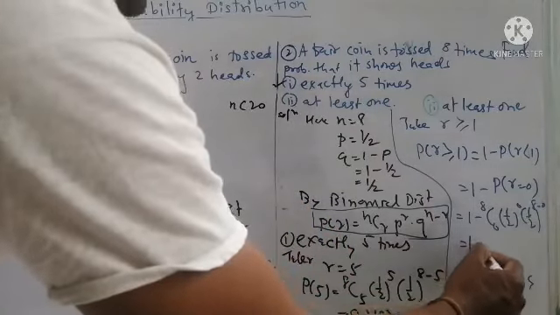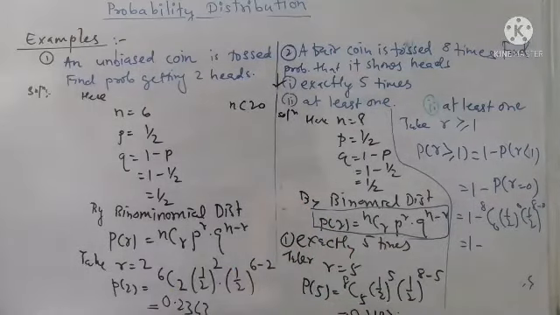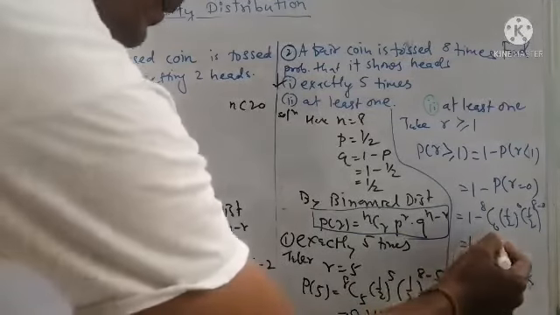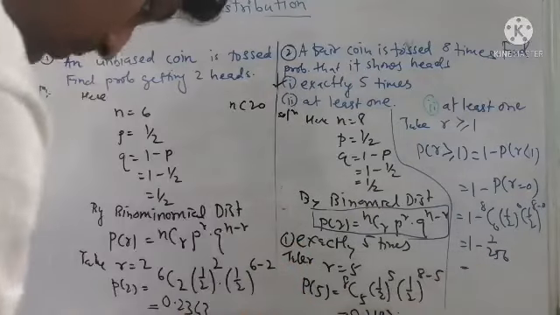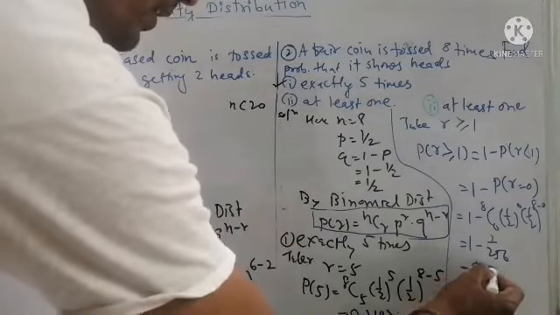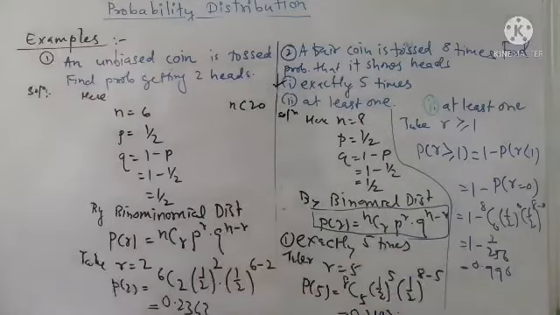Now evaluating 1 minus P of 0, by calculation we get 1 minus 1 divided by 256. By simplifying this, we get the value 0.996. That means getting at least one success, that is getting at least one head, has a probability of 0.996.